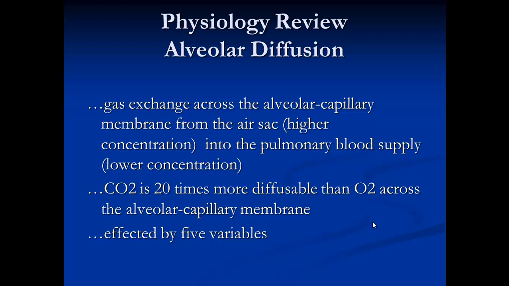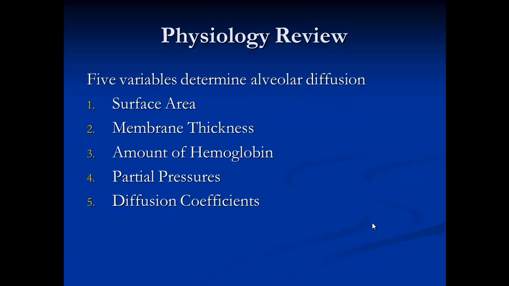Remember that CO2 is 20 times more diffusible than oxygen across the alveolar capillary membrane, and that is affected by five variables: surface area, membrane thickness, amount of hemoglobin, partial pressure, and diffusion coefficient.